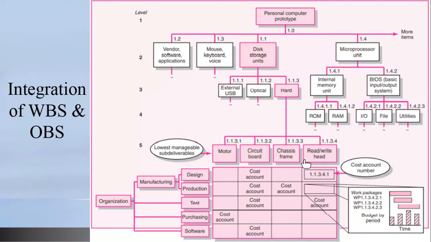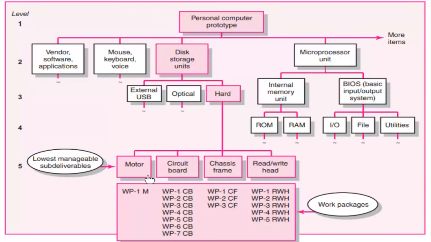These are not work packages as yet, because we are going to further break them down. And the evidence of that was here, where they showed us that at level 5, these are the work packages. Each of these work packages is now at a level where they can't be broken down any further, or you don't need to break them down any further, because you can cost them and because you can indicate a timeline as to how long they will take.